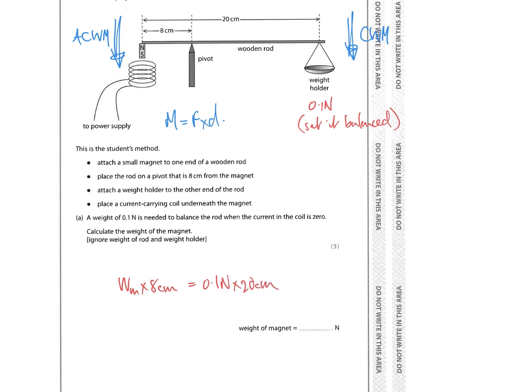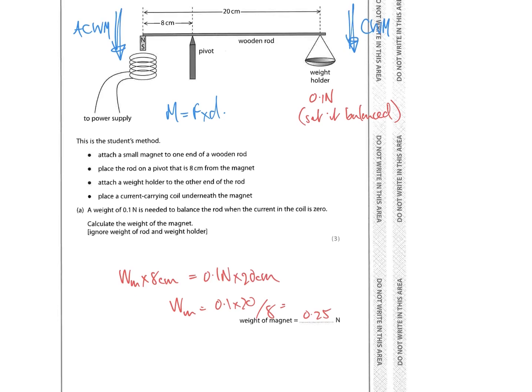Now, nominally, we would be converting this into meters, but because it's centimeters on both sides, it's not a problem. So let me quickly rearrange that and say W, the weight of the magnet, is 0.1 by 20 divided by 8, which gives us 0.25 newtons. I think that's right, yeah.